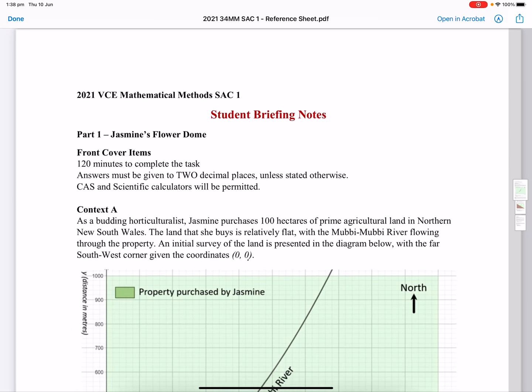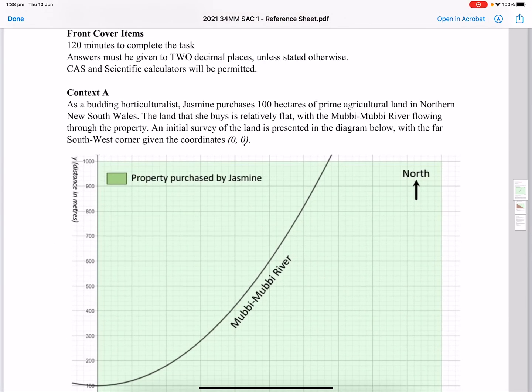So the context of this task reads like so. As a budding horticulturalist, Jasmine purchased 100 hectares of prime agricultural land in northern New South Wales. The land that she buys is relatively flat, with the Moobi River flowing through the property.